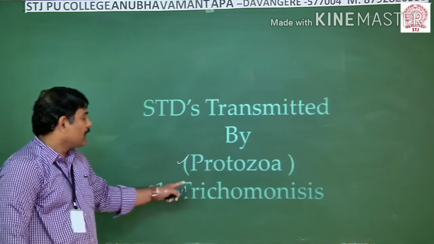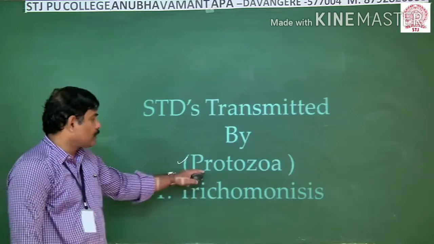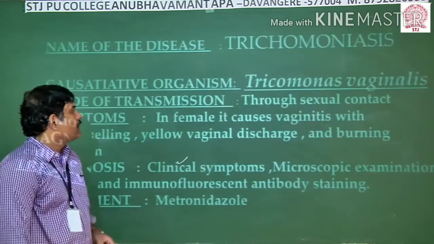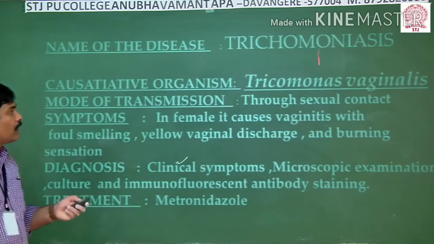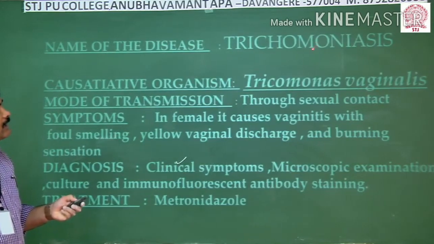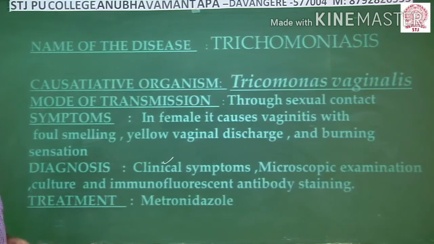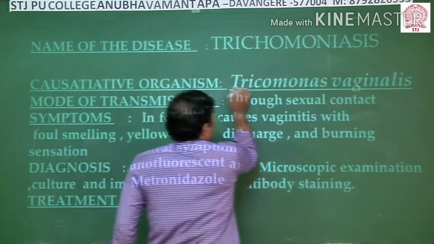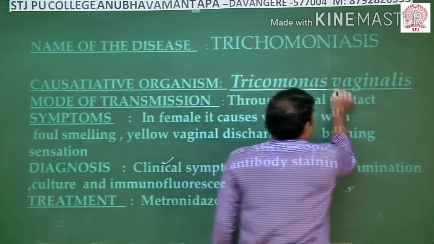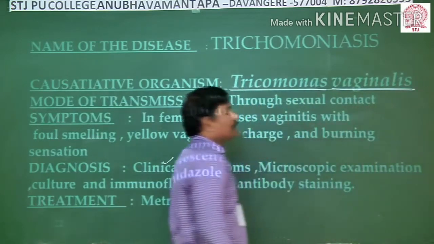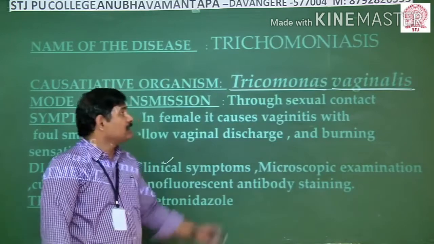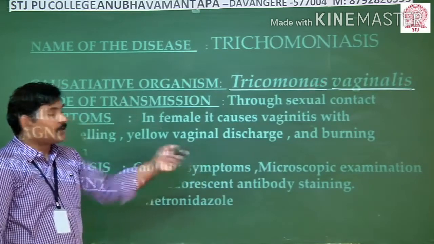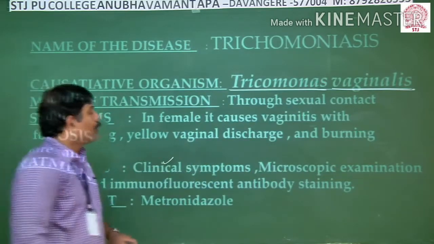Trichomoniasis is the name of the disease caused by a protozoa, and we will see more detailed information regarding this one. The name of the disease is trichomoniasis, whereas the causative organism is Trichomonas vaginalis.